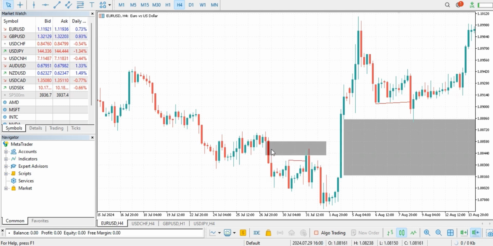So this fair value gap here, this area of inefficiency, this was what the market was coming to mitigate before falling. So anything that's happening here is none of your business. Looking to sell from this high here is none of your business. Make sure that there is no point of interest here. But assuming this place was already filled up, and there was no area of inefficiency here, no need for you to be waiting for the market to come and tap into this place. You can just look for confirmation around here, then sell.